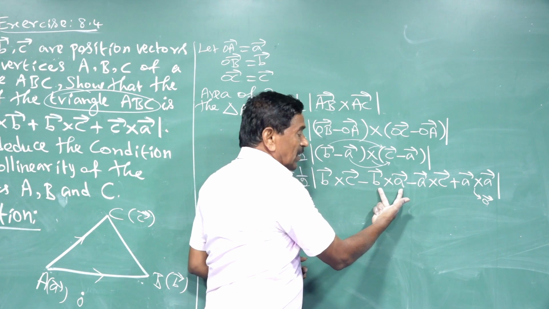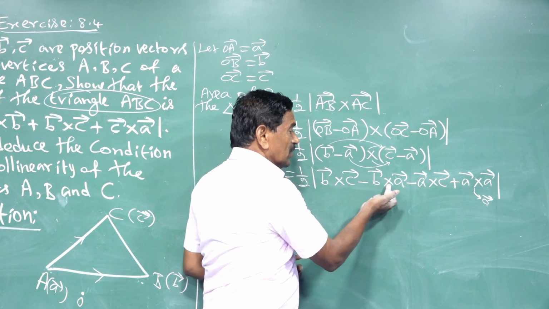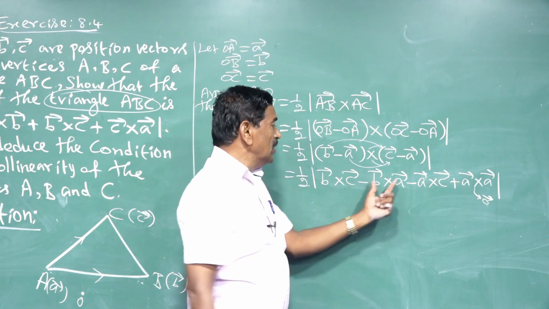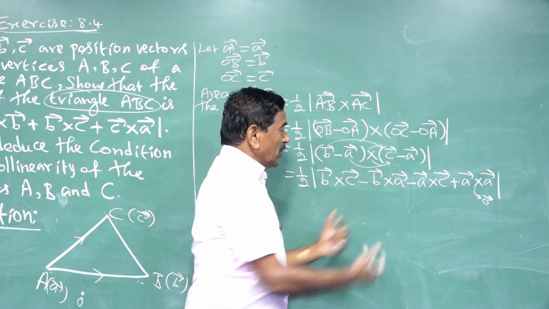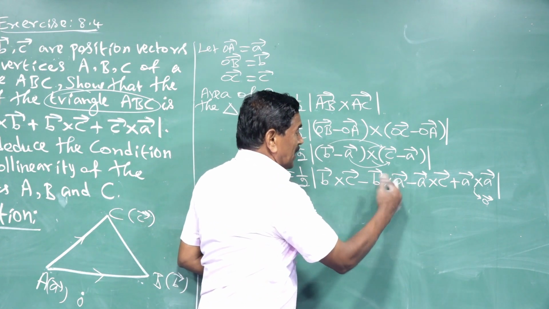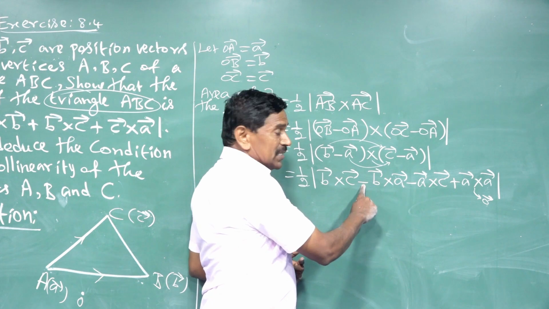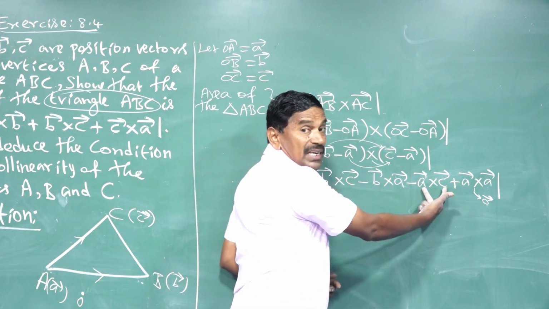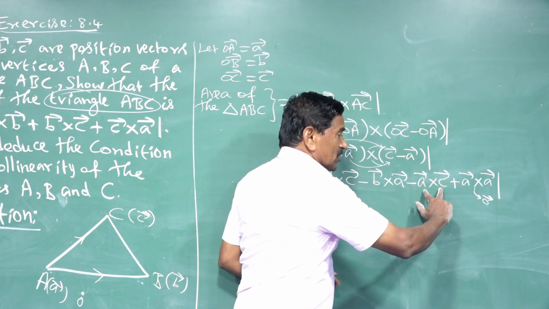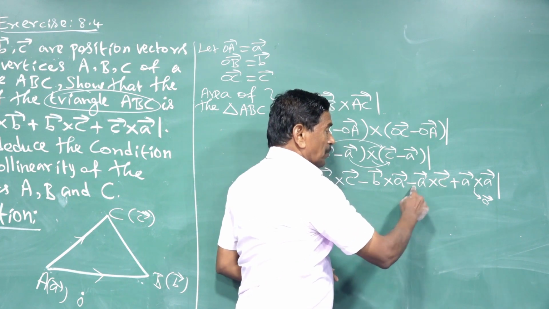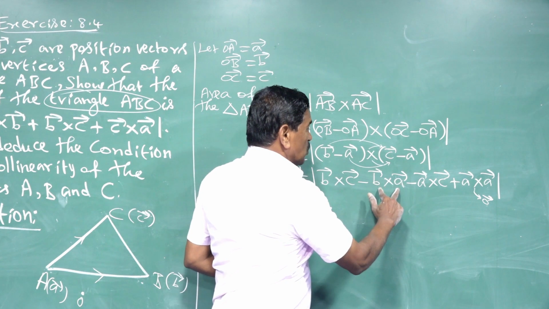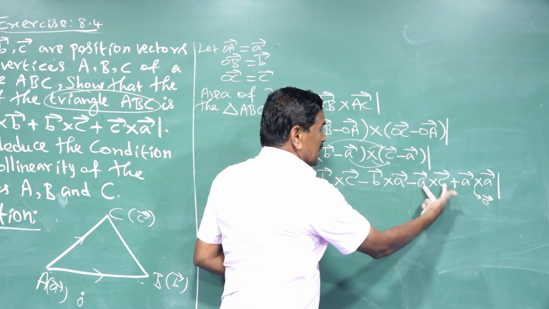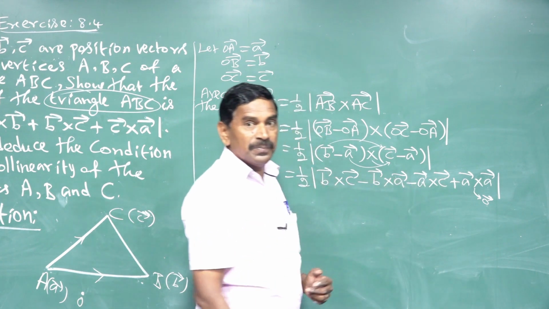While interchanging two vectors in a cross product, we get one negative sign. So B cross A equals minus A cross B, already one minus, so minus into minus is plus. Similarly, A cross C equals minus C cross A, already one minus, so minus into minus is plus.